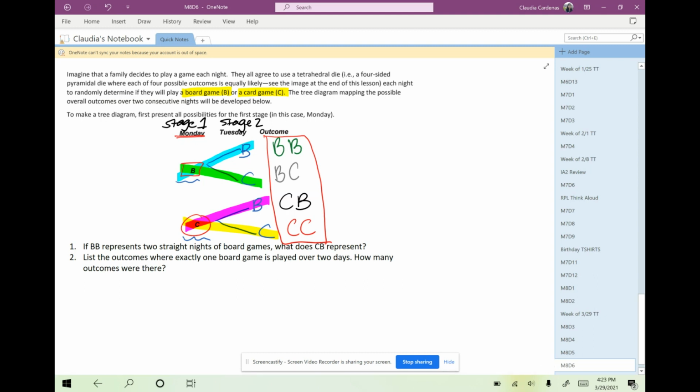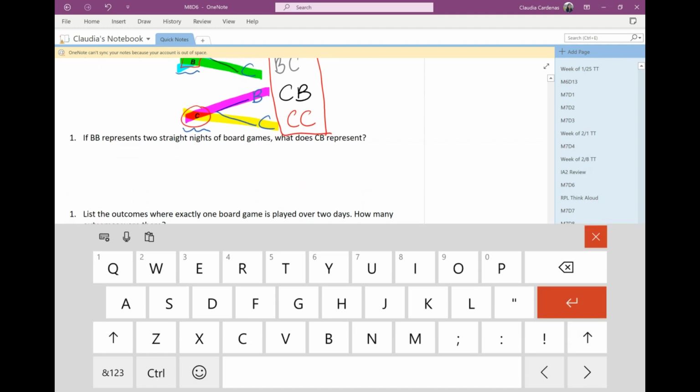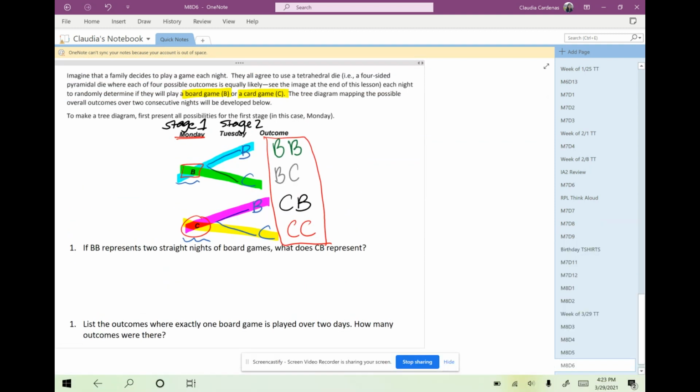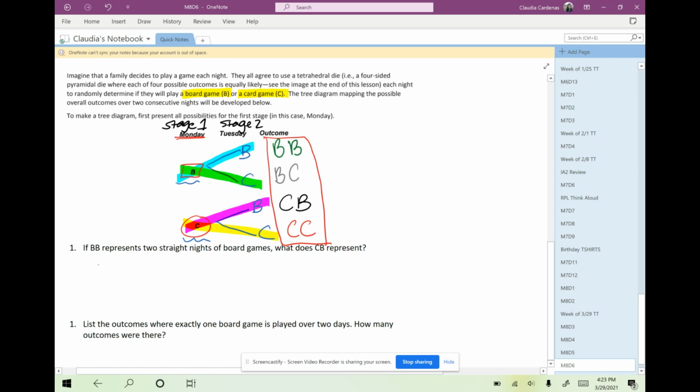Then we have additional questions. If BB represents 2 straight nights of board games, what does CB represent? I'm going to give us some space to write because I did not do that earlier. Apologies. If BB represents 2 straight nights of board games, then we know that CB represents card games first. What night would that be?